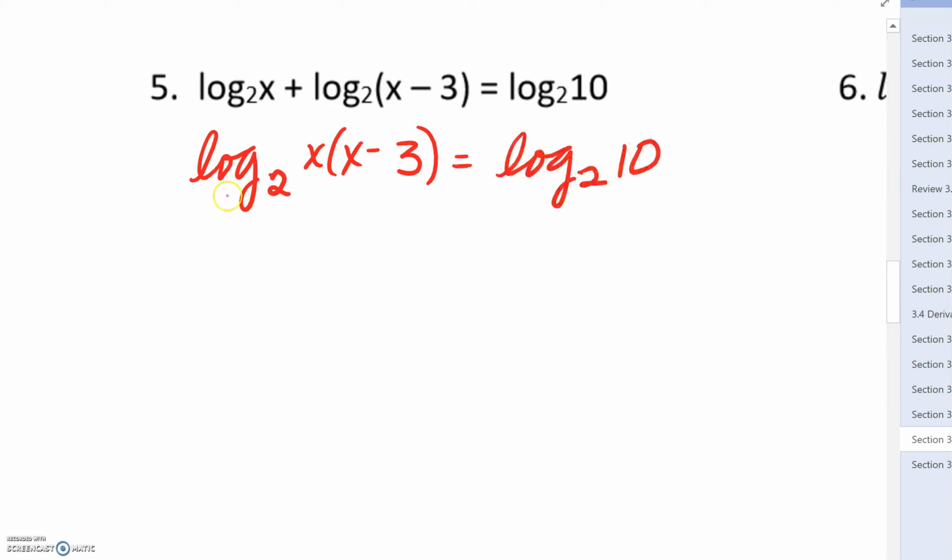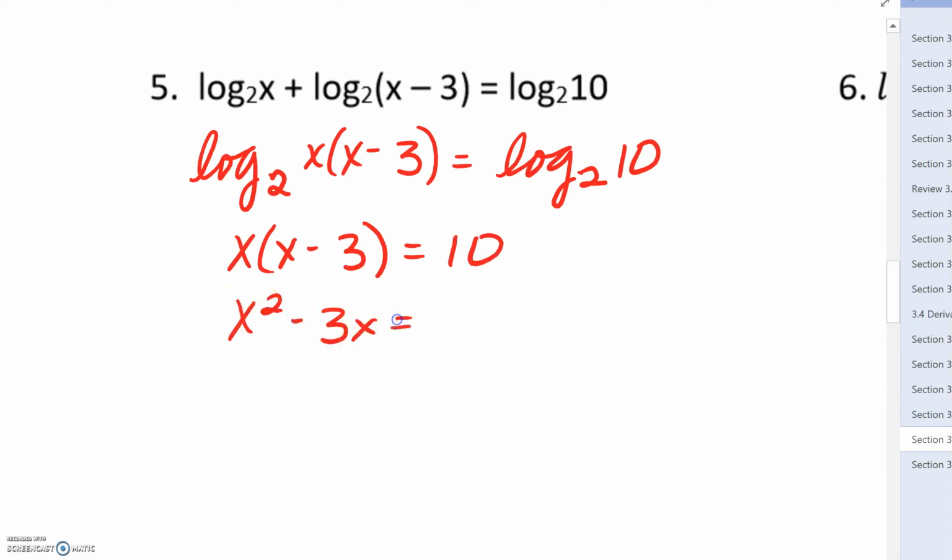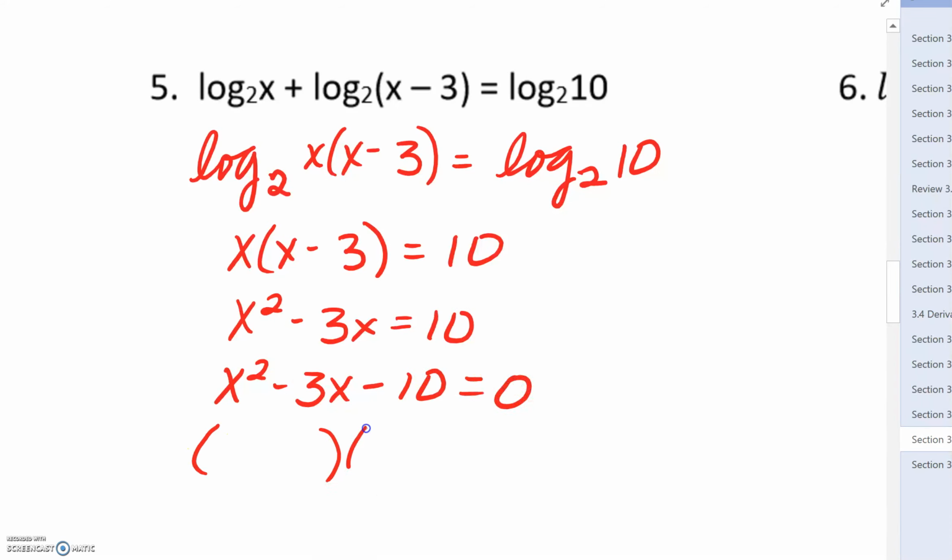Now that I have a single log on the left, a single log on the right, I can use the one-to-one property. x times x minus 3 equals 10. Distribute the x. Oh, it's a quadratic, so let's get it equal to 0. Factor.